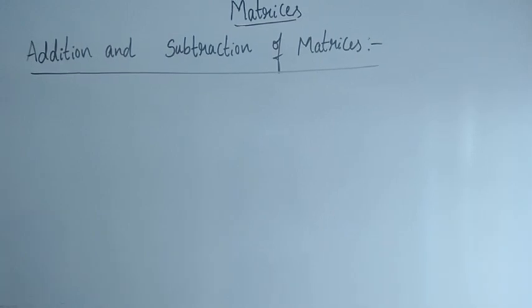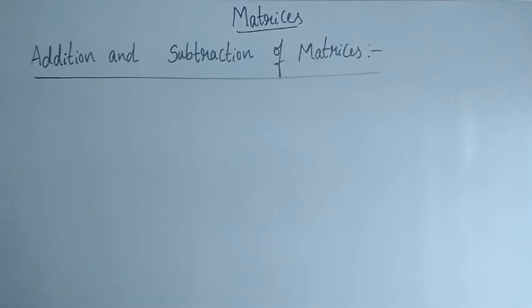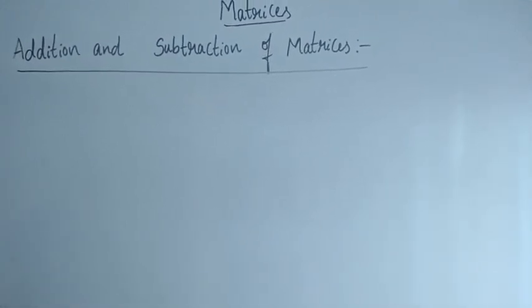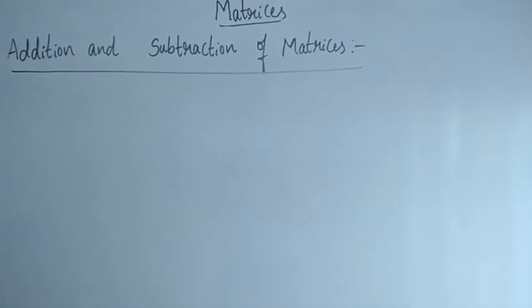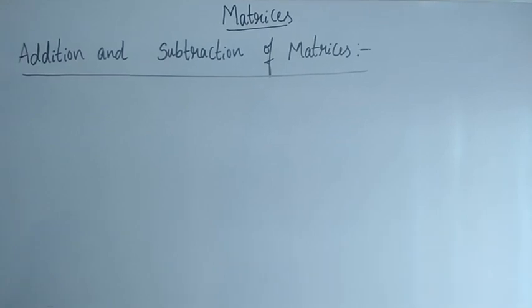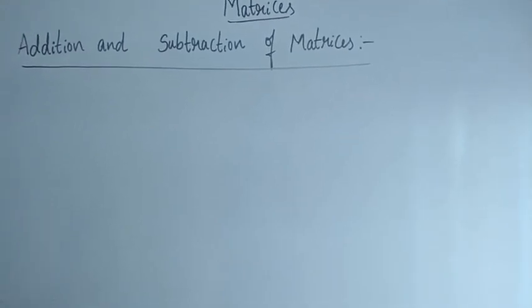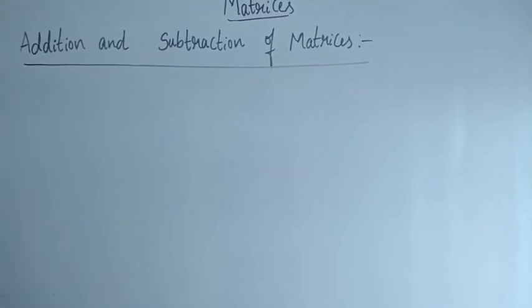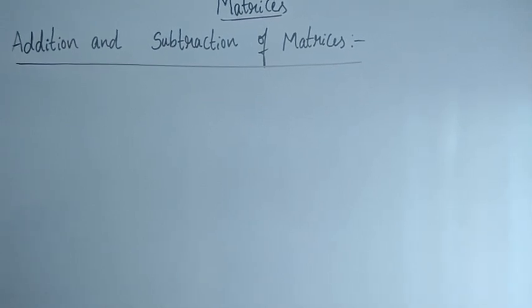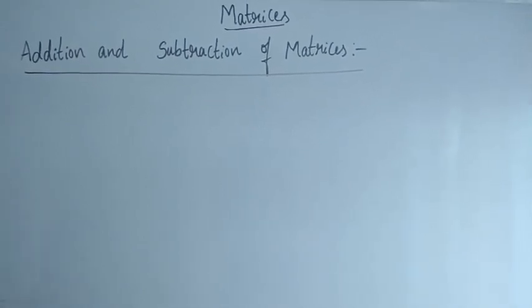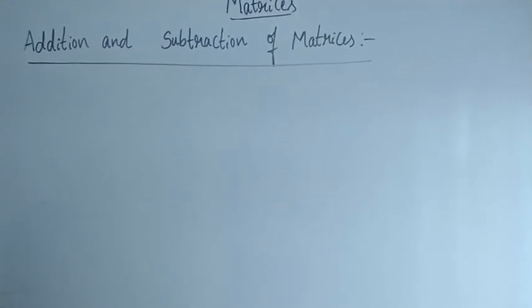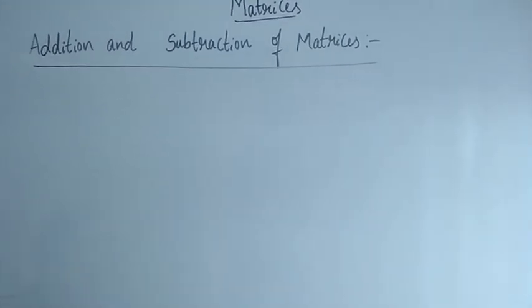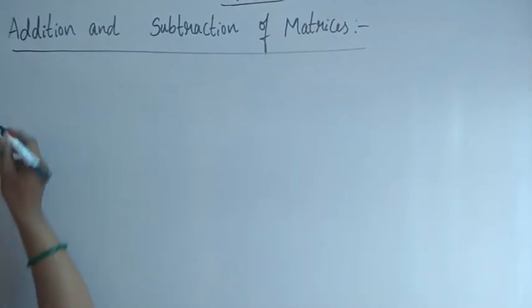Okay. So next is addition and subtraction of matrices. That means we have to add the matrices, 2 matrices or 3 matrices. If we want to subtract any 2 matrices or 3 matrices, how to add and how to subtract? For addition and subtraction of matrices, the orders of those matrices must always be the same. First let us take the addition.